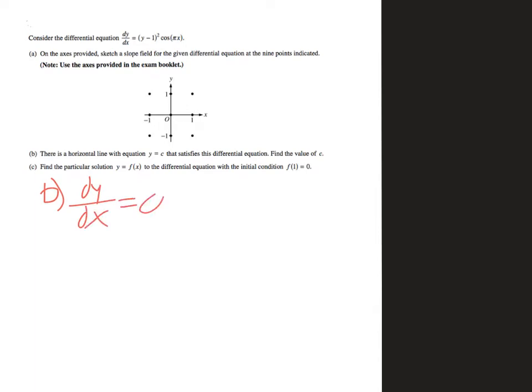And then the given equation has two factors. So if we're setting this equation equal to 0, we can just set each of these individually equal to 0. So we'll have (y minus 1) squared equals 0, and we'll have cosine of pi x equals 0.